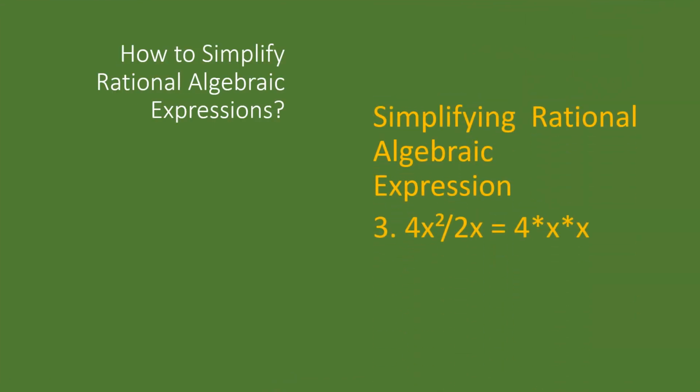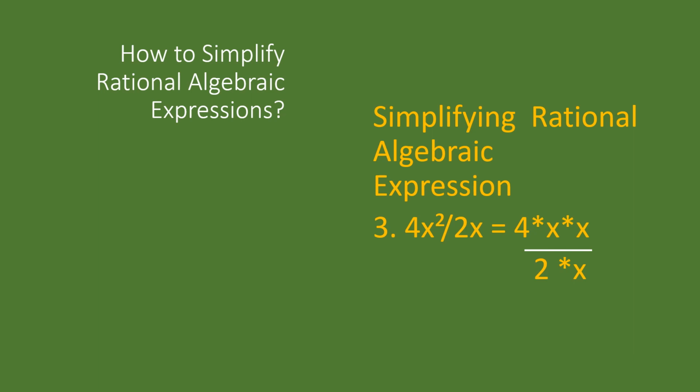I have here 4x squared divided by 2x. To simplify this is to look for common factors and get rid of them. So, 4x squared is equal to 4 times x times x, divided by 2 times x. Now, what we're going to do is get rid of the common factors.